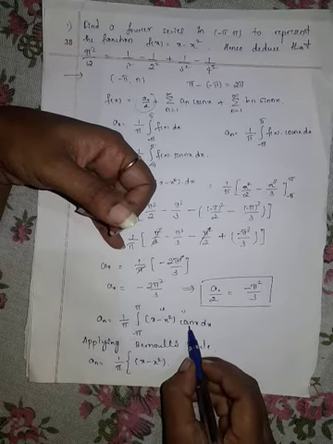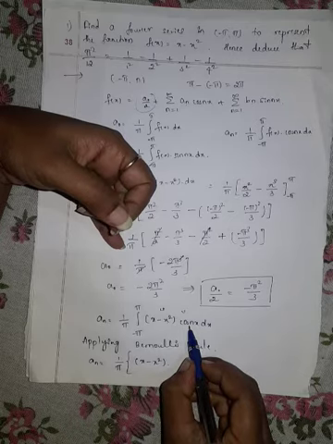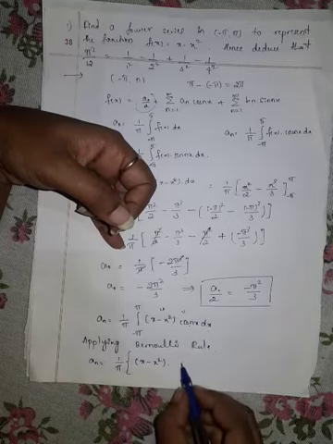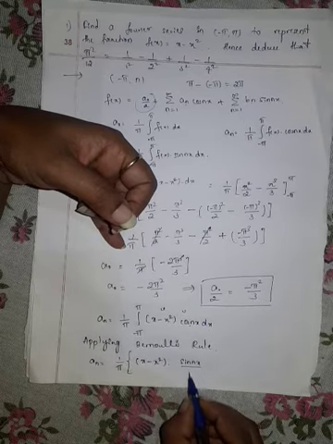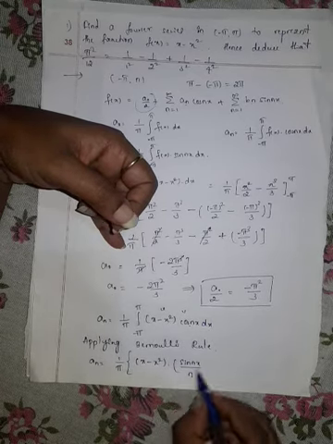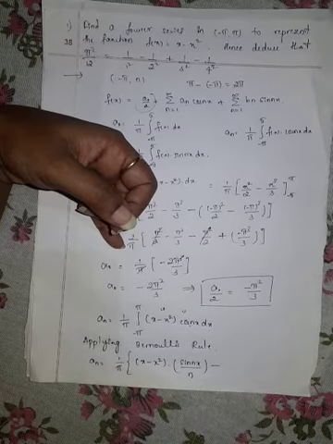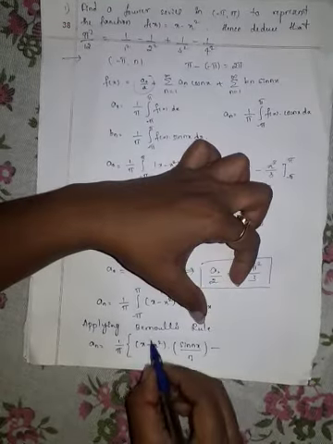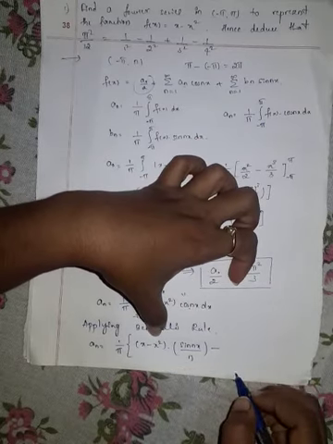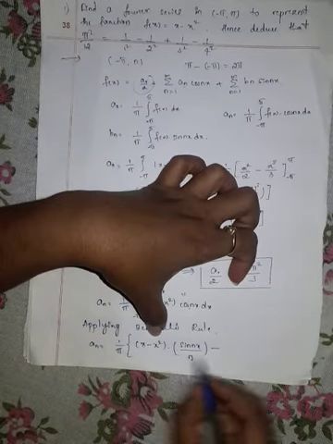Integration of v, that is integration of cos nx with respect to x, is sin nx divided by n. Minus, alternate sign, differentiation of u, that is x minus x square.